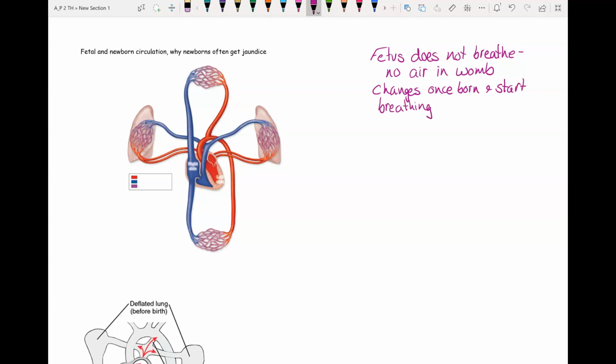So before we get into the changes, let's review what you learned back in Chapter 19 about the basic flow of blood through the body. So remember here we have the right atrium and the right ventricle. So you have deoxygenated blood from the body goes into the right side of the heart.